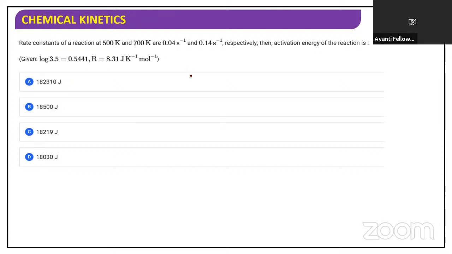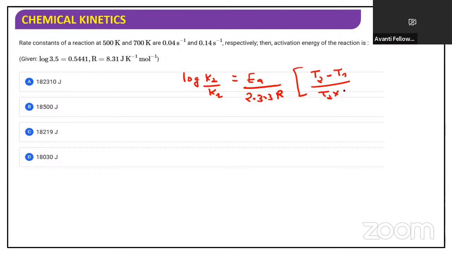So the formula is log K2 by K1 is equal to Ea upon 2.303 R, and here we have T2 minus T1 divided by T2 into T1. So this is the Arrhenius equation we are going to use, right?